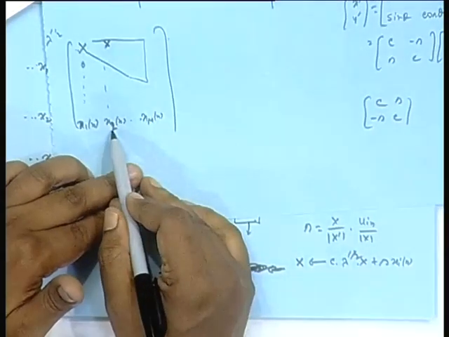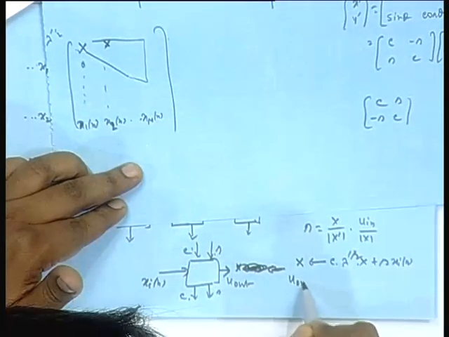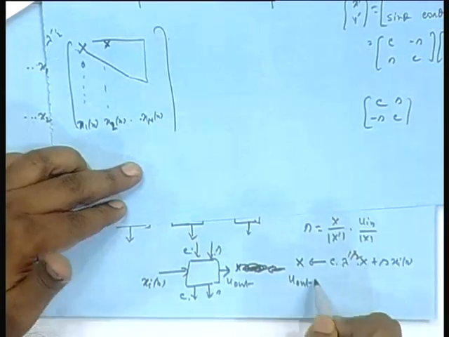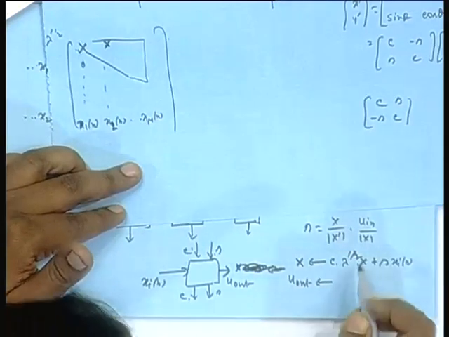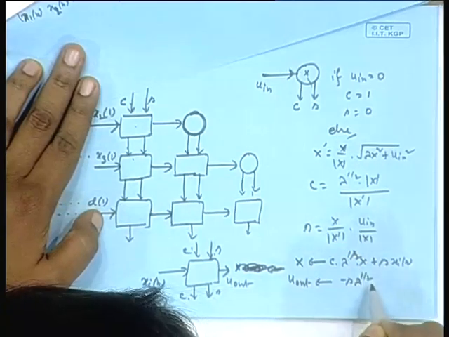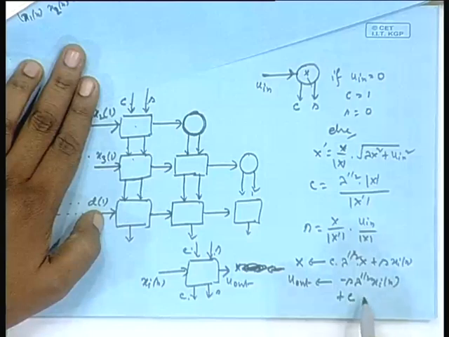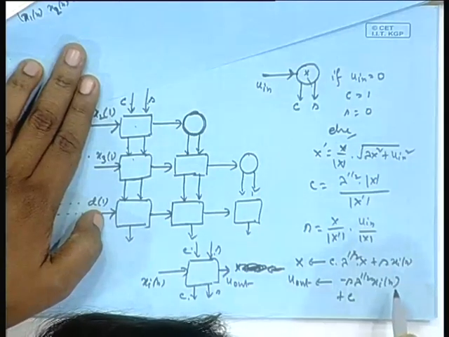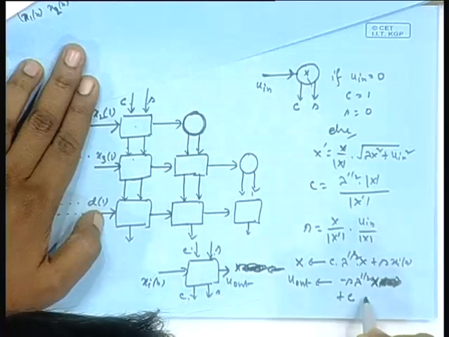And what will happen here? This guy will be called u out. In fact, we should call it u out n, but I am just dropping the index. U out n is just minus s times lambda to the power half x plus c times x i n.